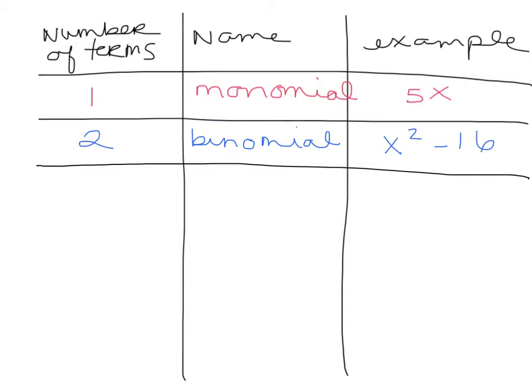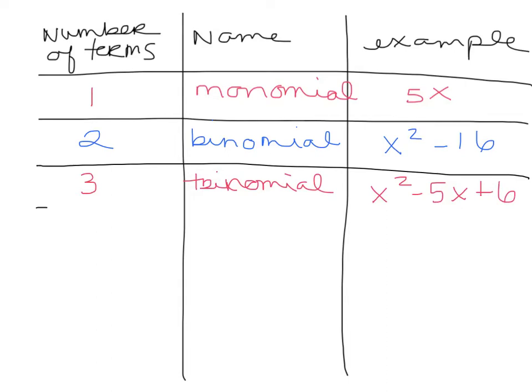3 terms is considered a trinomial. We've been looking a lot at trinomials, so x squared minus 5x plus 6 is an example of a trinomial. There's the x squared, the 5x, and the 6.